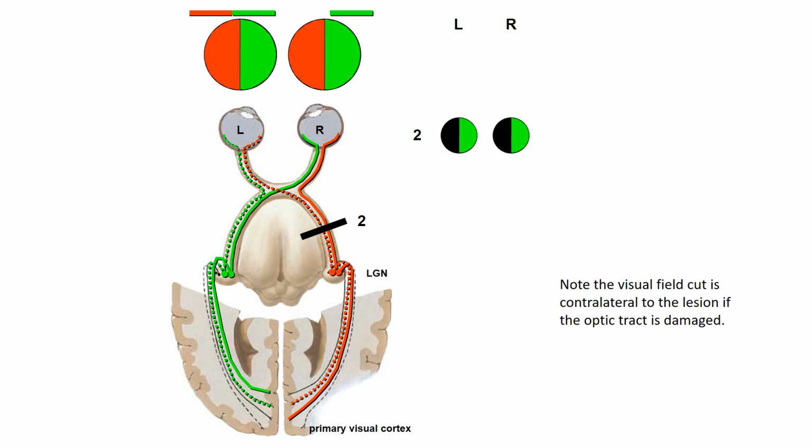Again, if you trace that, it should make sense why you might see that. In this case, you're missing the left field of vision for both eyes, so the same side, and this is probably one of the more common injuries that you might expect to see.